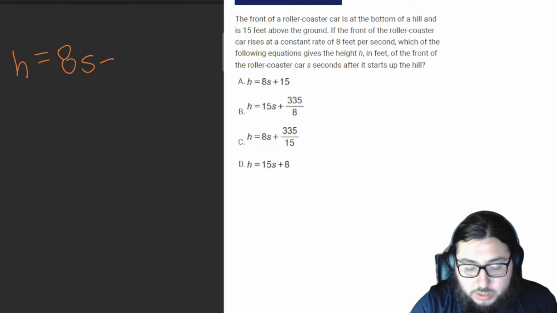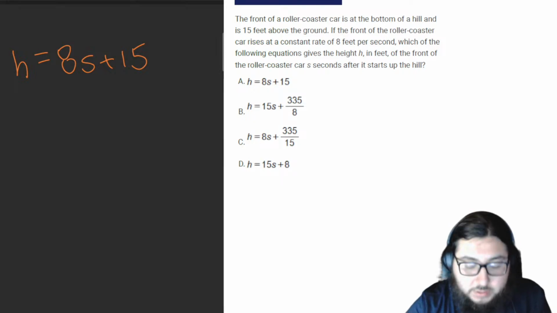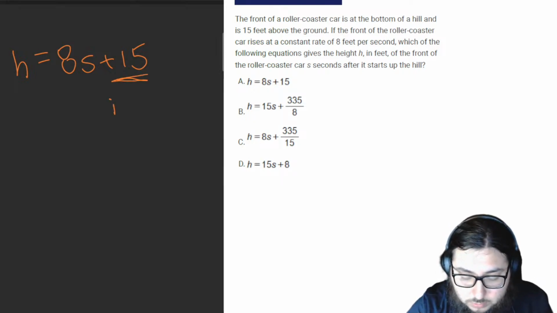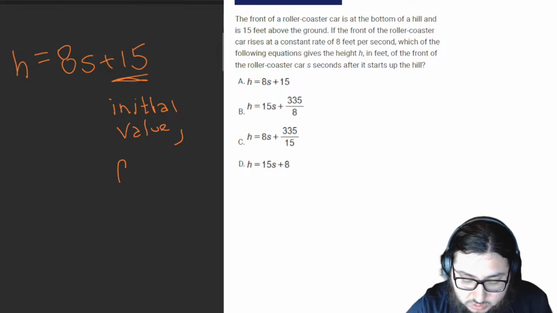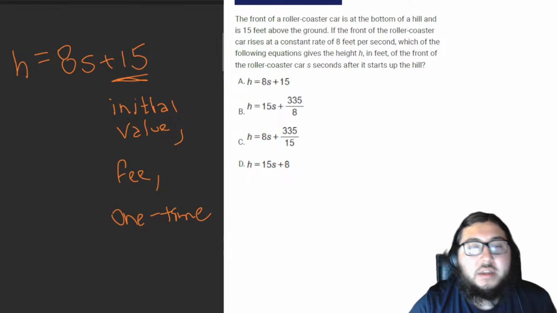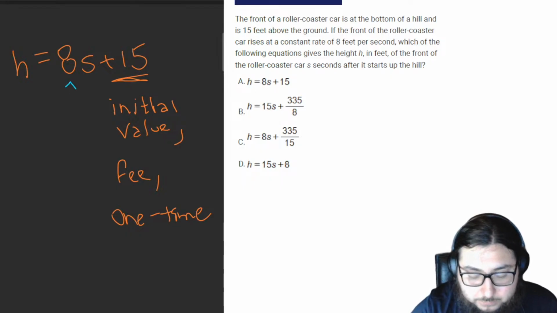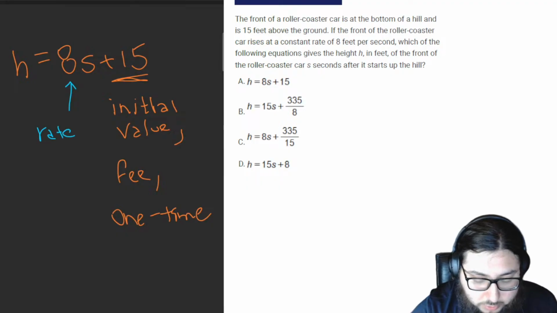So it would be 8s plus 15. So 15 is the initial height. I always say that our y-intercept is like our initial value, initial fee, anything that is a one-time charge, a one-time deposit, anything that occurs just once is our y-intercept. And the rate, or the keyword per, indicates the slope.